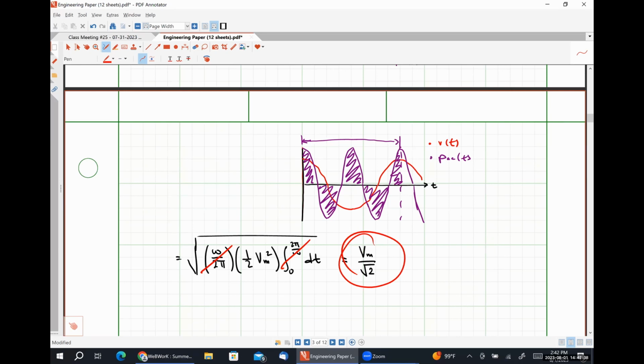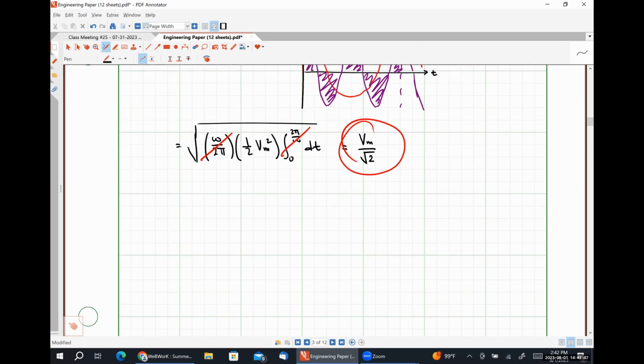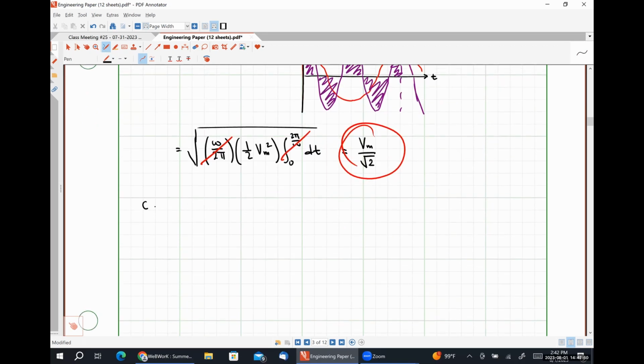Okay. All right. So now let's talk about complex power. The complex power is really something that electrical engineers made up.